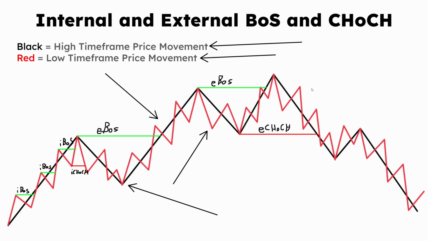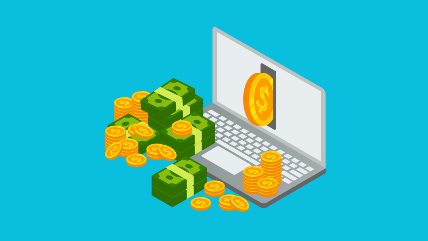So let's, for example, imagine that we zoom in on this red move right here. If we zoom in even further, we will notice that this will actually look like a large trend on the even lower time frames. And we as traders can use multiple time frames at the same time to get better entries and exits in the market, and as a result, take better trades.